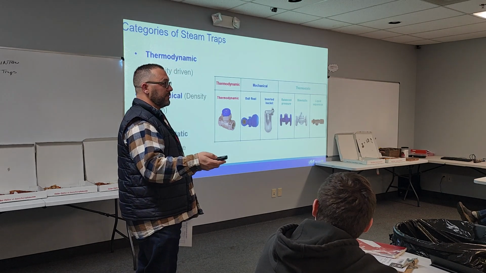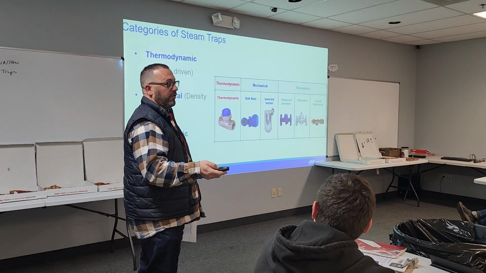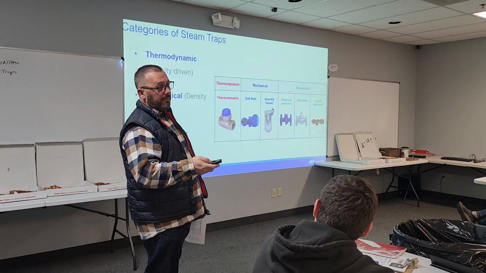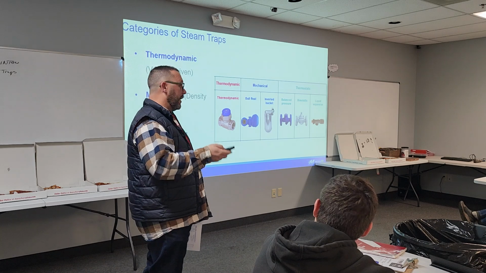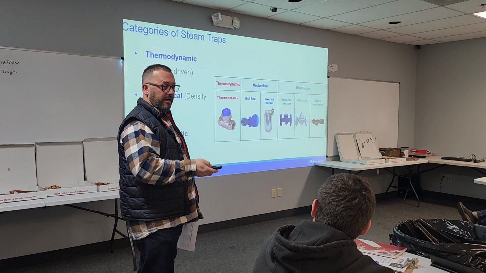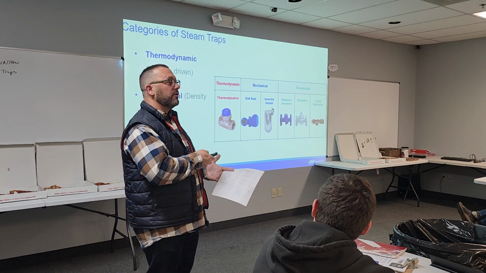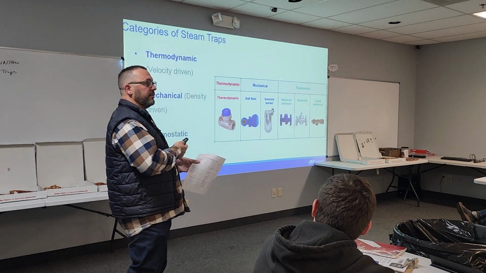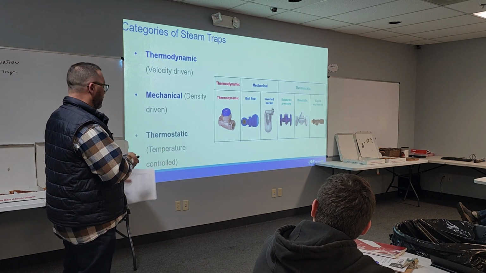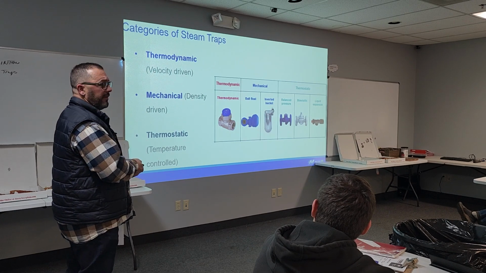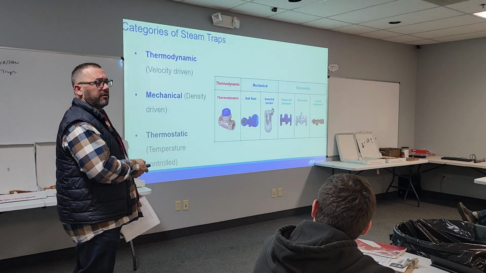You can use a 150 psi F&T trap on a 15 psi application. You cannot use a 15 psi trap on 150-pound steam. It will lock shut. So on the buckets and the F&Ts, you've got to match up the pressure to the line pressure.